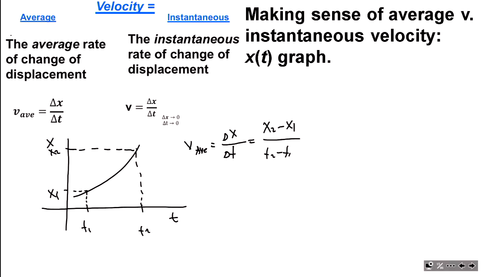Because the same letter T, for example, might mean an interval, how much time passed, or an instant. In this situation, this T is an instant, but this is the interval, delta T.